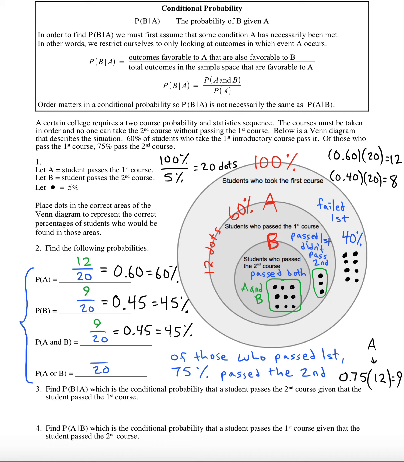They're in A but not B. But they should be counted. So it's 12, which is 60%. And, interesting to note that the A or B bubble is the A bubble here.